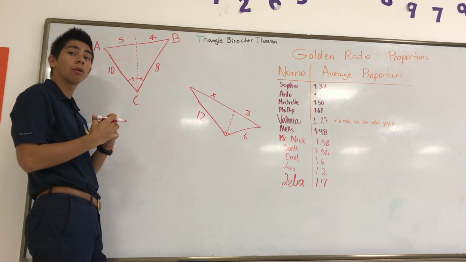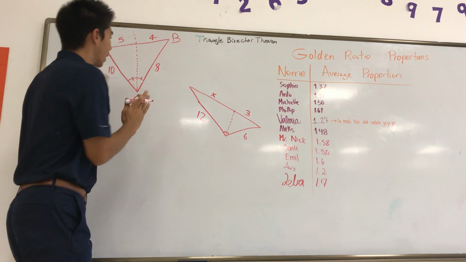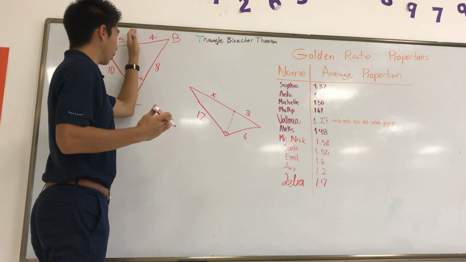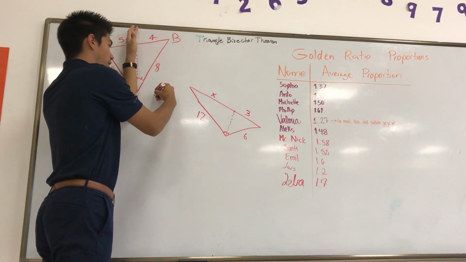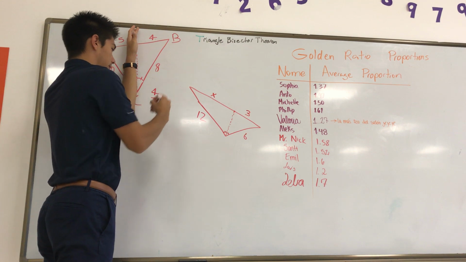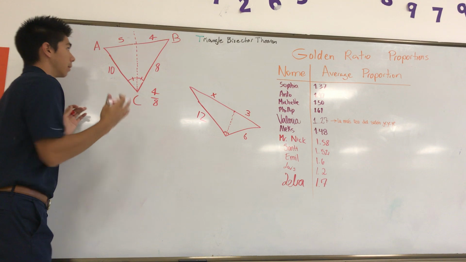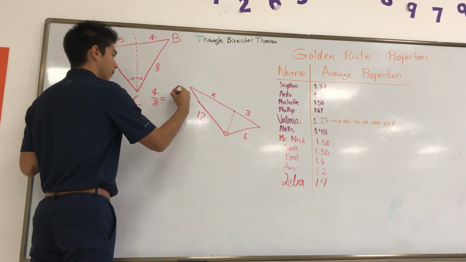So what this triangle bisector theorem tells us is that if we look at either side of the bisector, so we're going to only look at this side, the proportion here, so 4 over 8, has to be equal to the proportion on the other side. So 4 over 8 should equal 5 over 10.